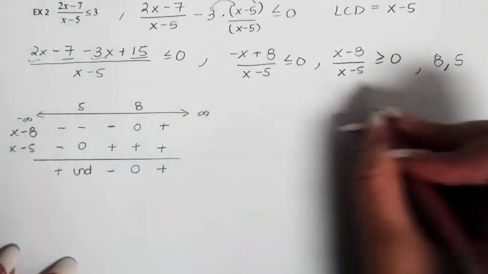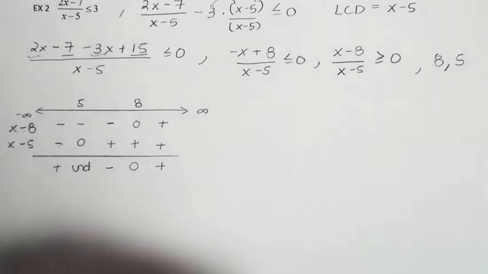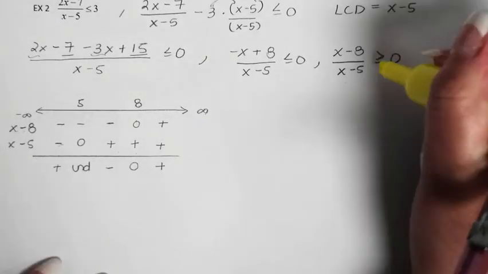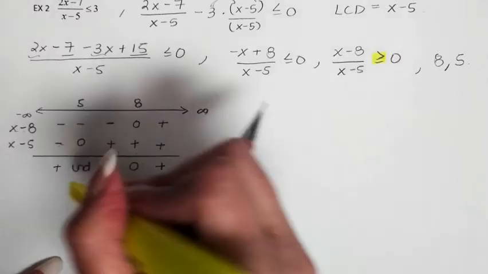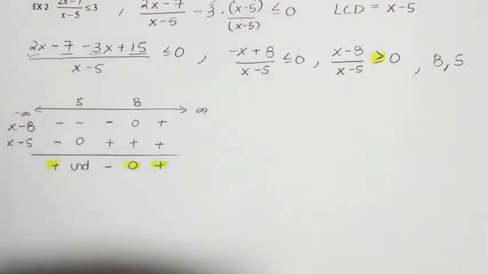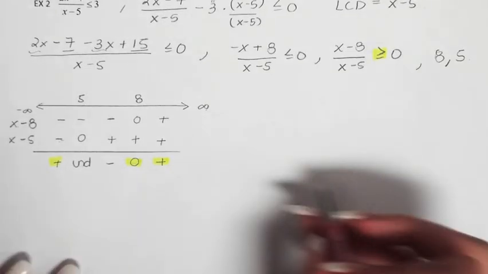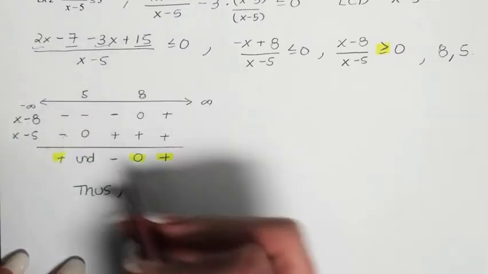Now look at your equation here. What do you want in this situation? You want greater than 0 or equal. So I want the positives, obviously, and I want the 0. Now what's going to be your result for this one? Well, since you have the number line, it's pretty straightforward.